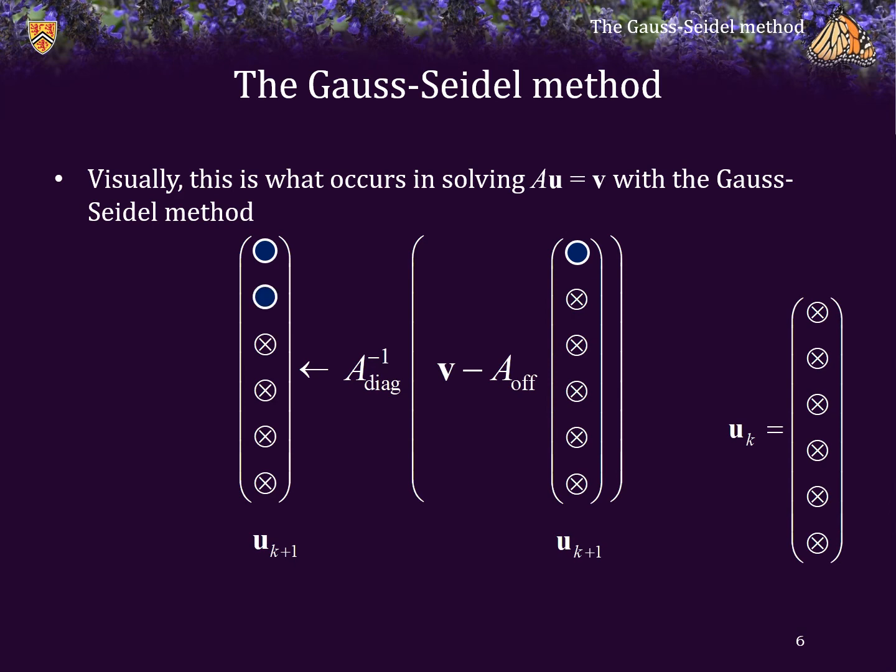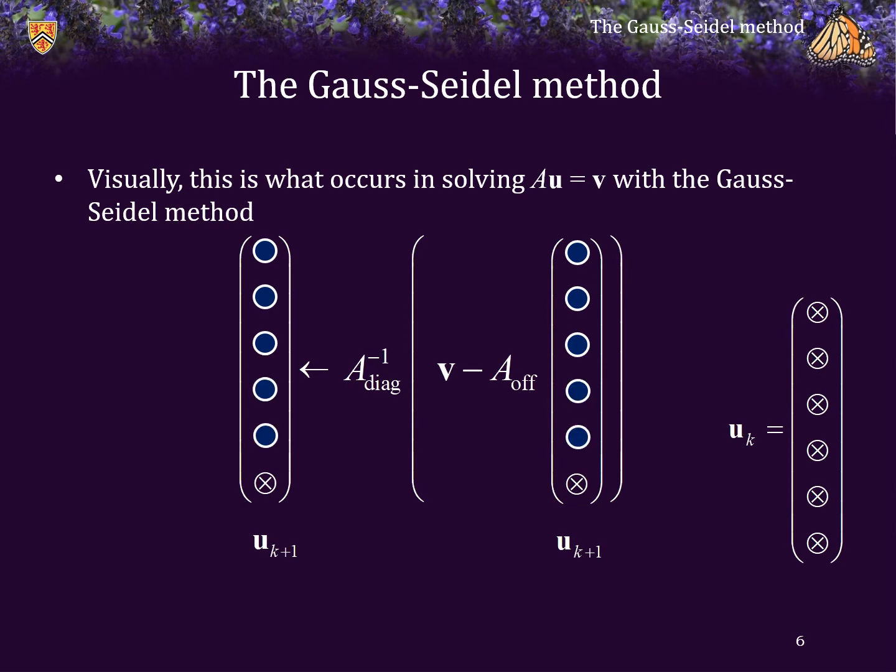So then we calculate that, but that now also appears on the right-hand side. So when we calculate the third, the first two are already pushed towards the solution. So the entire vector is closer to the solution than we were when we were calculating the first entry. And so on and so forth.